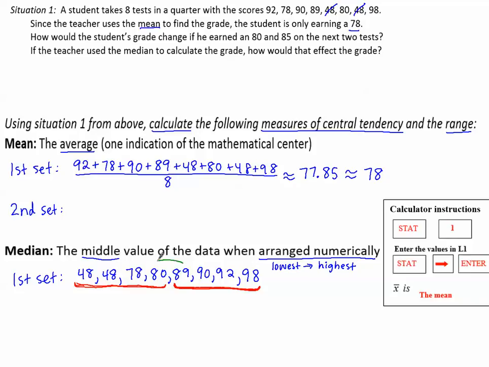Well, if there is nothing that's in the middle, we take those two numbers that are in the middle and we find the mean or the average of those two. In this case, it's 84.5, and that's the median. Again, for the second set, we're going to see how to do it on the calculator.